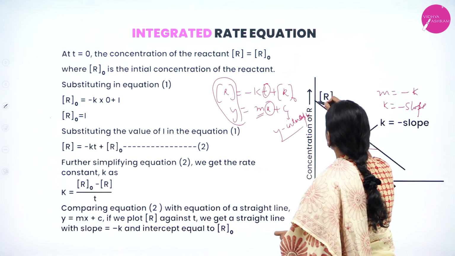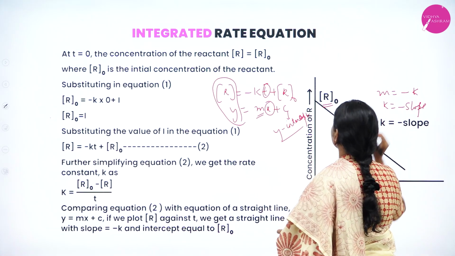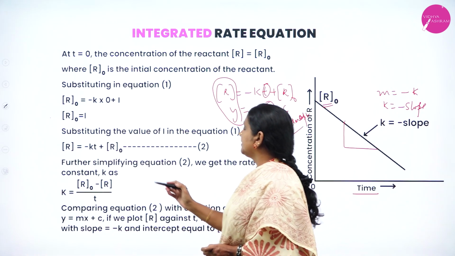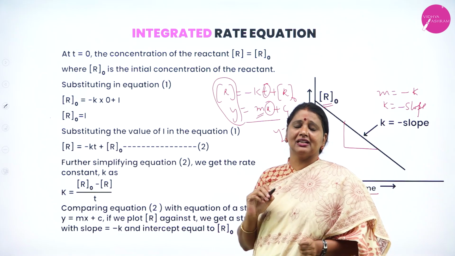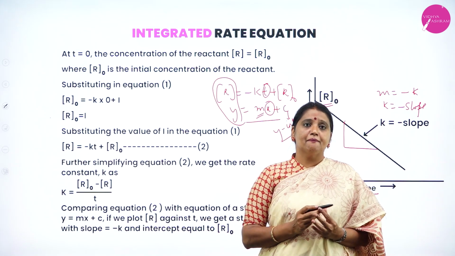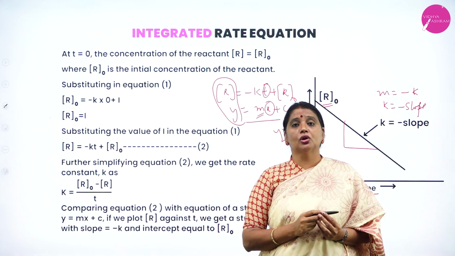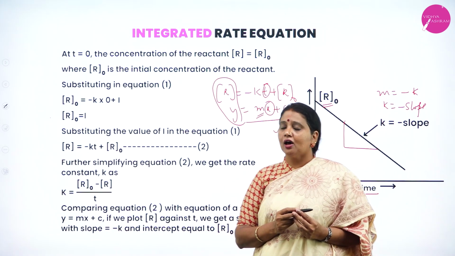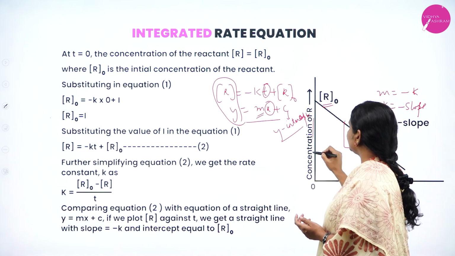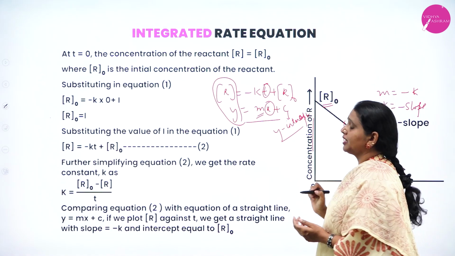When I compare equation 2 with the general form of a straight line, that is y is equal to mx plus c, we get a straight line with the slope minus k. So, what do you have to plot? Along the y-axis, you take concentration. Along the x-axis, you take time.